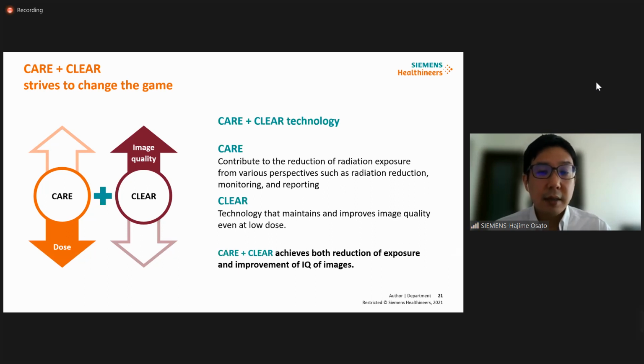CARE contributes to reducing X-ray exposure by reduced radiation dose, monitoring, and reporting. CLEAR is image quality, even at the low dose. So we think both combination makes better image quality with low dose setting.